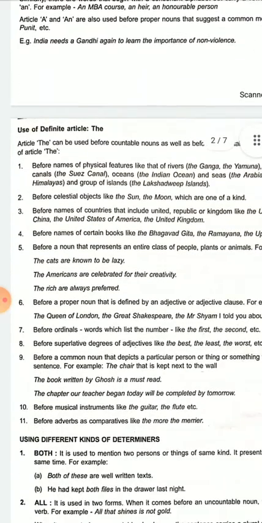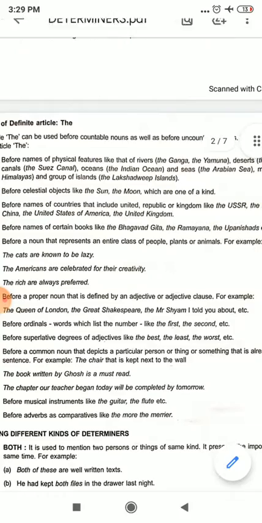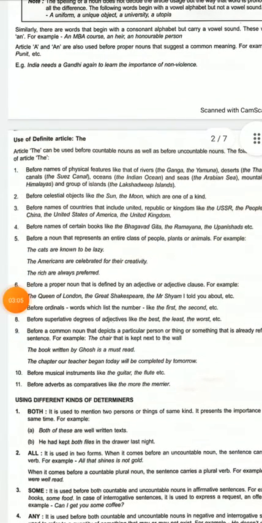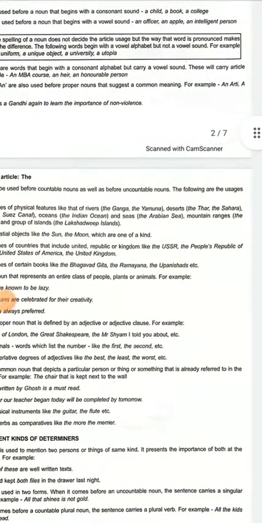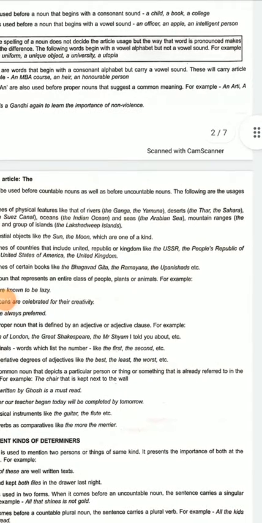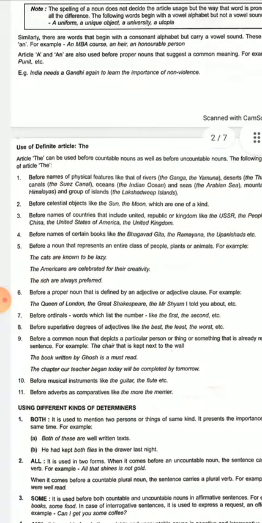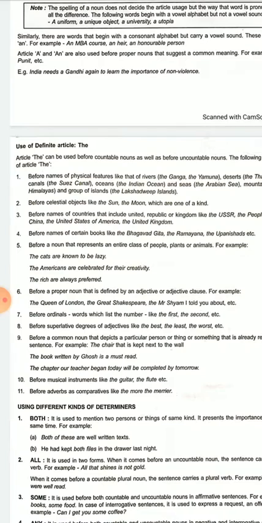Now we will get to know some of the uses of the article the. The article the can be used before countable nouns as well as before uncountable nouns. The following are the uses of the article the.